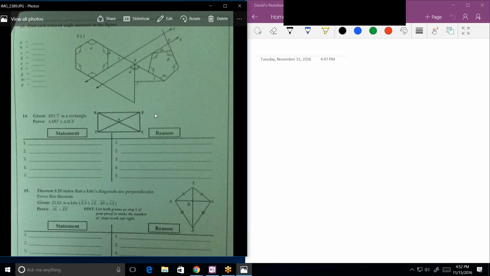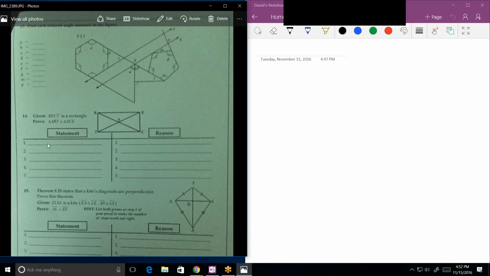Now, I don't know what theorem number that is, but you certainly state that statement and that reason. In other words, here's the way the proof's going to be. Wait, we can prove that it's a parallelogram, though. We don't need to. A rectangle is more specific than a parallelogram.